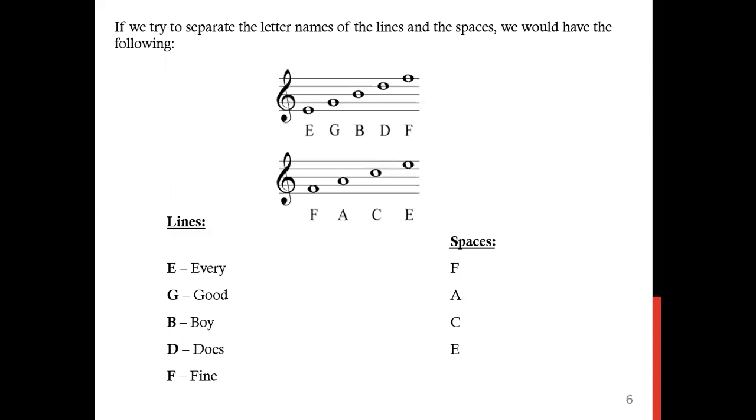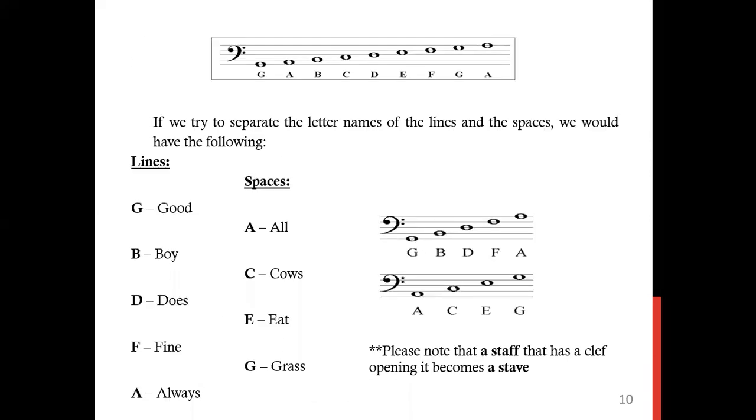Do you still remember the difference between a stave and a staff? A4, tell me the difference between a stave and a staff. The staff is just the lines, while when you put the music sign in front of this staff, then it becomes a stave.